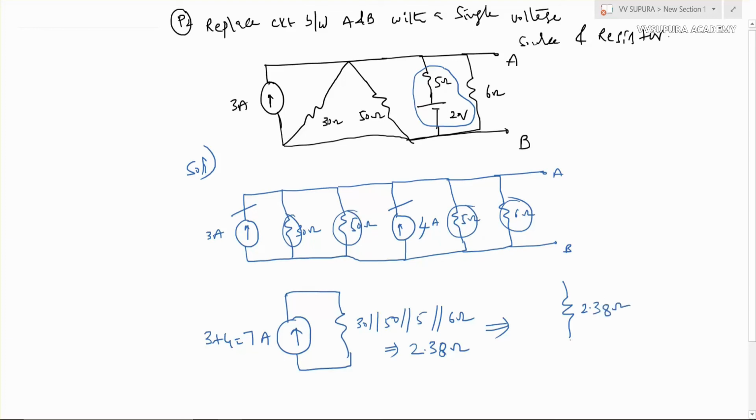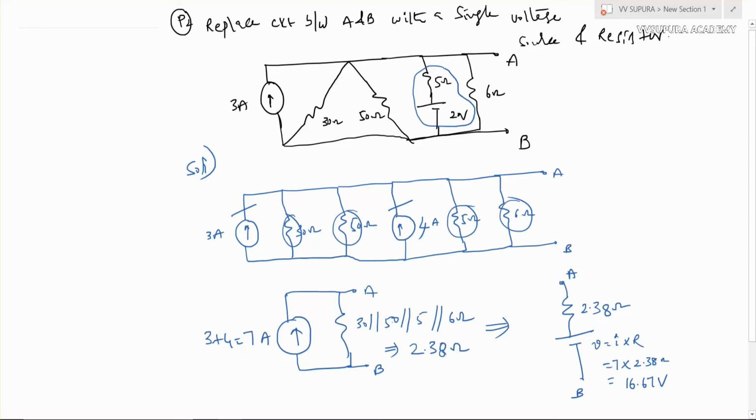ohms with one voltage source, that will be V is equal to I into R, that is 7 multiplied by 2.38 ohms, that value will be 16.67 volts. So this is the A terminal and this is the B terminal.